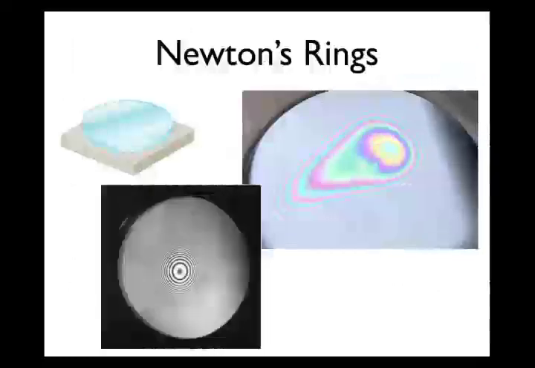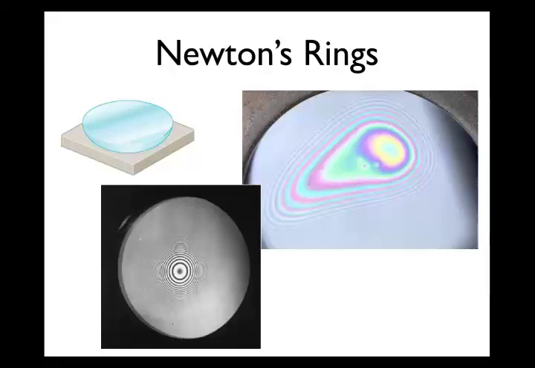There's other places where you see this phenomenon. In fact, when you see it in ring patterns, it's often happening when something doesn't have uniform thickness. You'll get these things called Newton's rings, and they happen over and over and over again because each time you jump out to the next ring, you have one more wavelength of path length difference or one less wavelength of path length difference.